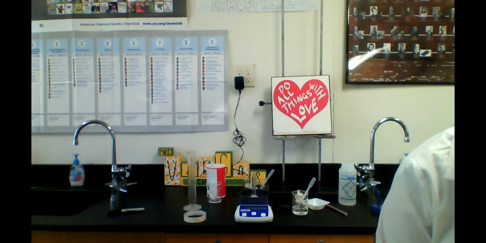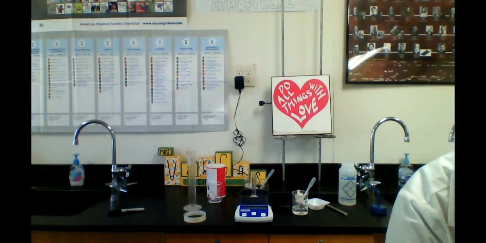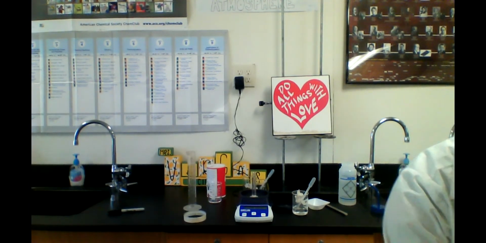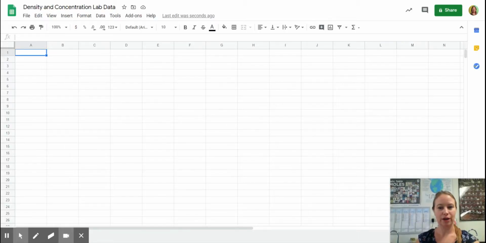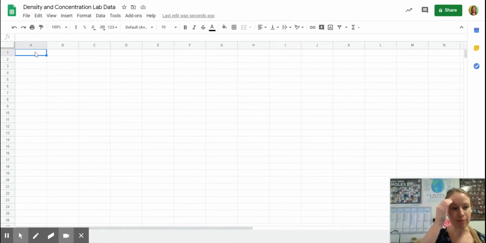Okay, so the 25% has a mass of 11.55 grams in 10 milliliters. Okay, so now that we have our data, we can plug the data in and calculate the density. We are going to create a data table and insert our data from the lab.